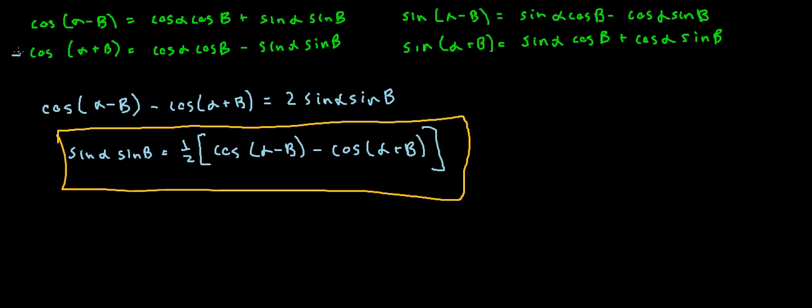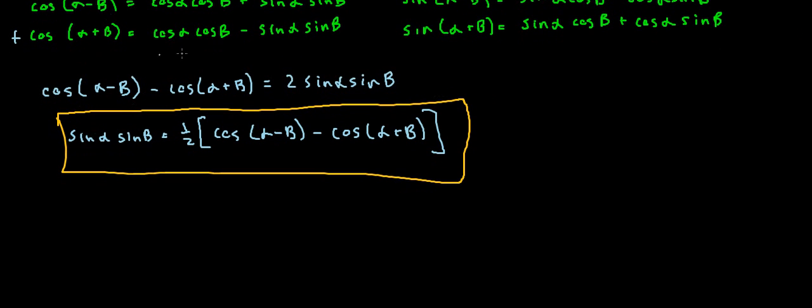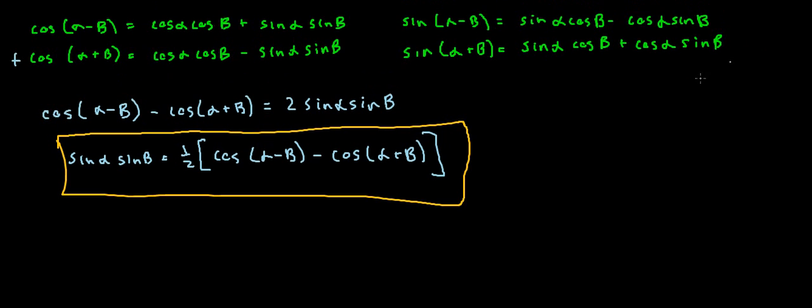And then if I change this into a plus, then I can get the product to sum formula for cosine. So instead I'll be adding these together. I'll just do it over here. So cosine, let's do the same order, alpha minus beta plus cosine alpha plus beta.